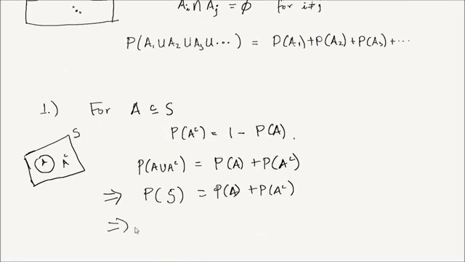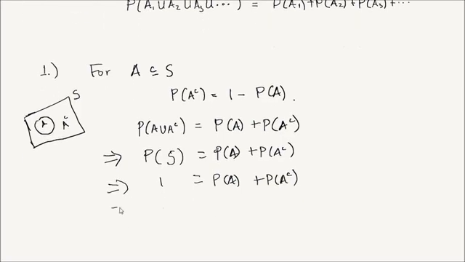Therefore, 1 is equal to P of A plus P of A complement. Rewrite that to find the probability of A complement is equal to 1 minus the probability of A, which is that.